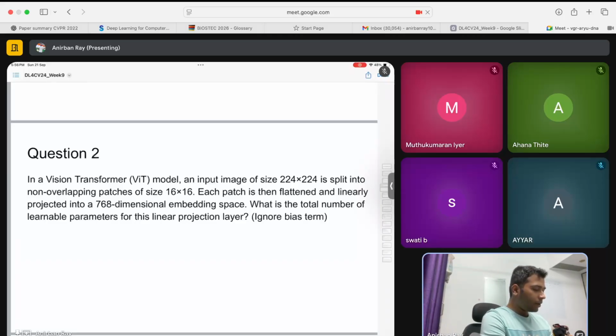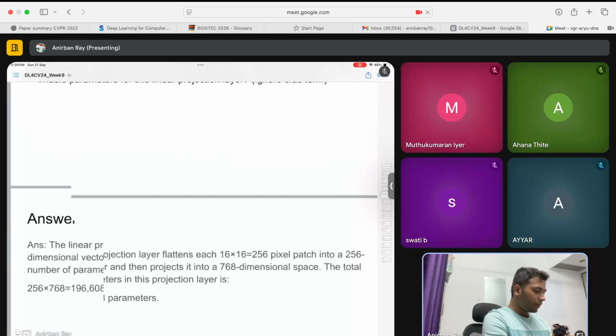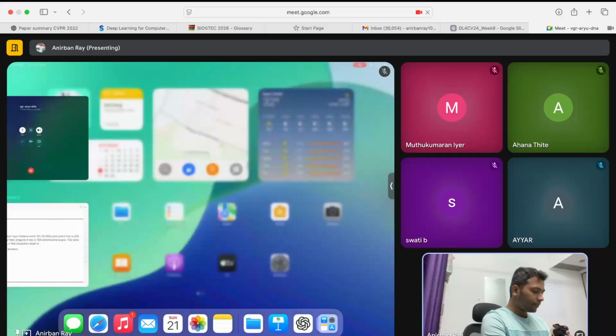So you have an input image of size this. Okay, so I'm not able to write here.